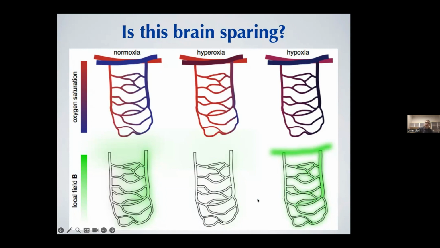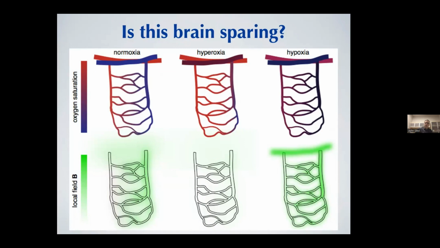And so the decay rate that you're seeing in T2 star weighted MRI is, of course, a function of that inhomogeneity of the field, and that translates into the decay constants that you're seeing. So it's not directly related to oxygen saturation, but closely linked to that.